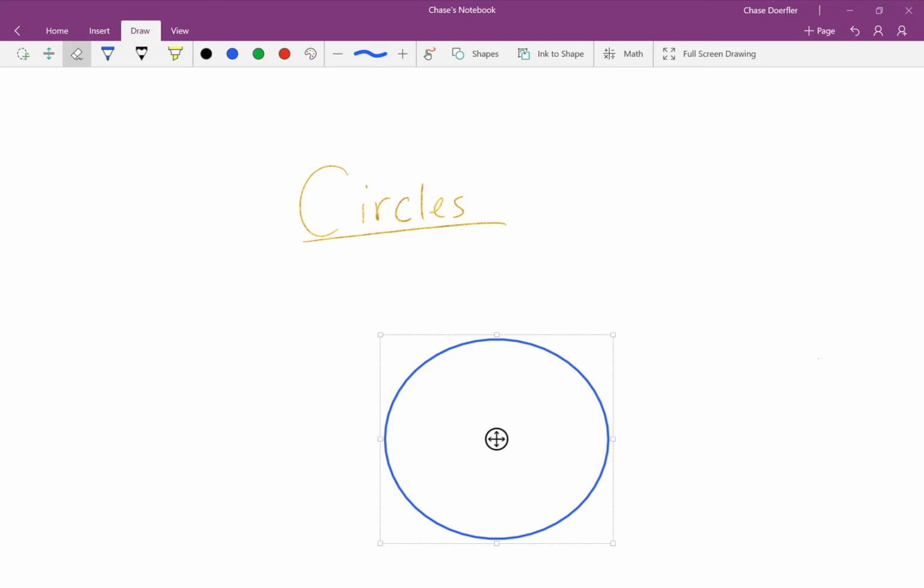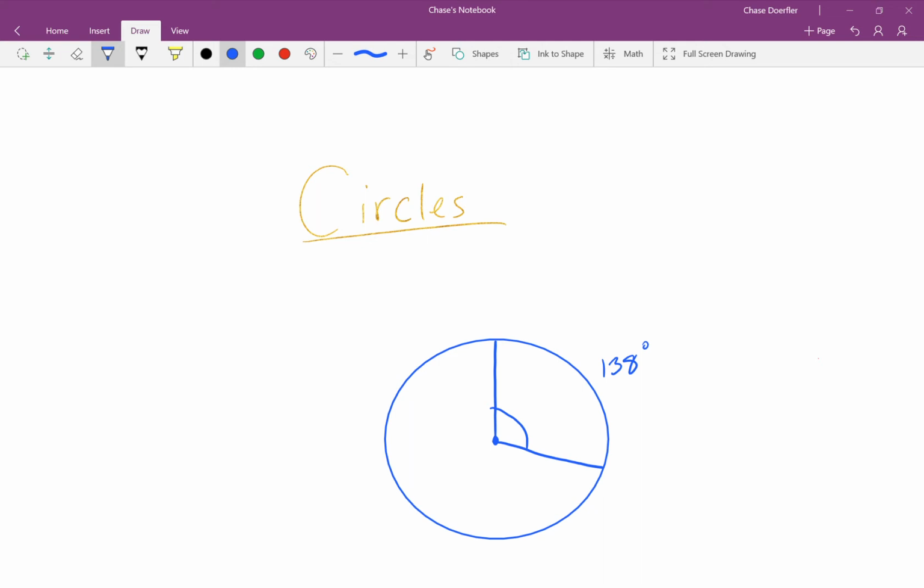And the first one that I'm going to do is central angles. Basically, let's say the measure of this arc is 138 degrees.